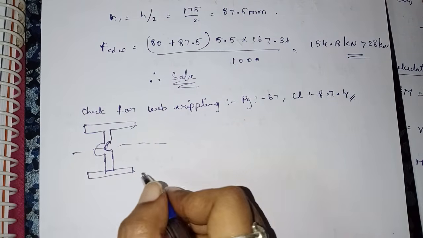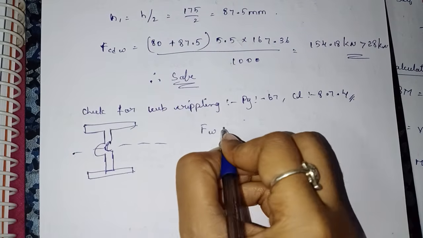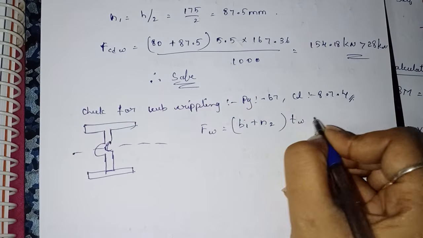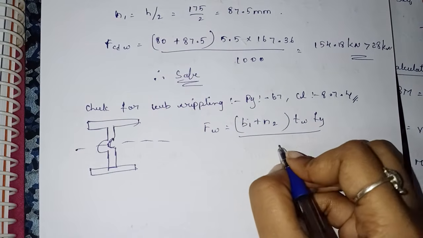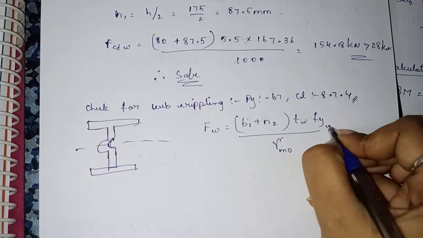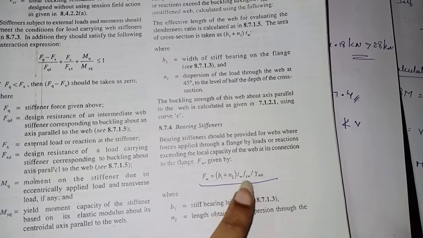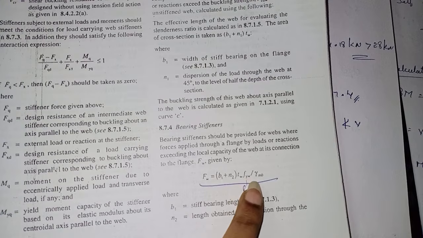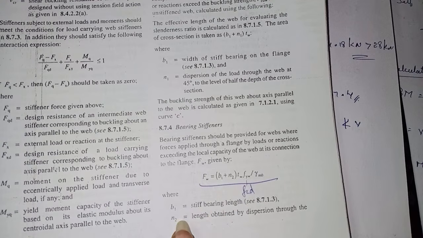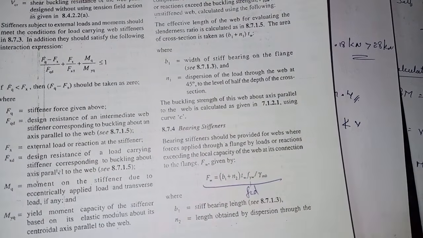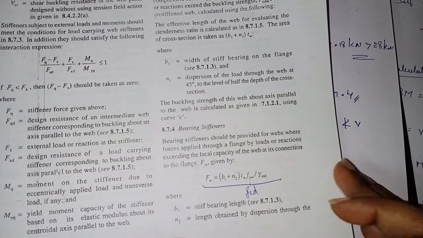So crippling, that Fw is nothing but B1 plus N2 into Tw into Fy divided by gamma m naught, and that should not be lesser than V. This will be the equation, and B1 is bearing, and N1 and N2 you can calculate by using the slope as 1 is to 2.5.